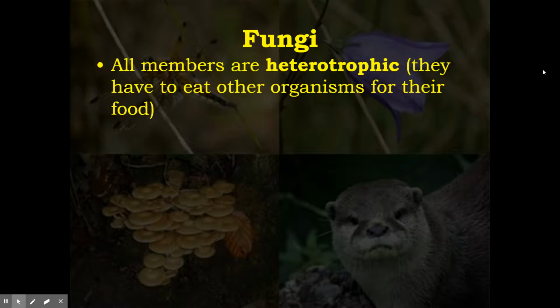Heterotrophic means that they cannot make their own food. They have to eat other organisms. Okay, so if you're a heterotroph, you have to eat other organisms. We're heterotrophic. We cannot make our own food. Really the only organisms that can make their own food are mostly plants, and some protists can make their own food.